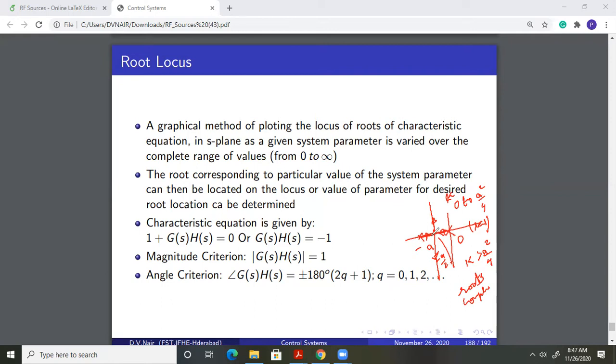Now, for a given value of k, I can find out the corresponding roots from the root locus.